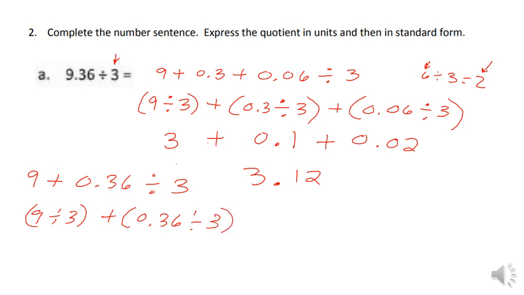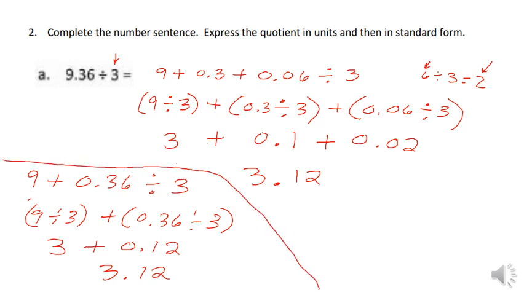Well, we know 9 divided by 3 is 3, plus 36 divided by 3 is going to be 12, but it's 36 hundredths, so it's 12 hundredths. 3 and 12 hundredths. Now you notice this is a little more efficient. That's all it is. Both ways work well, but this one here is just a little more efficient just because I had what they call compatible numbers when I was dividing.